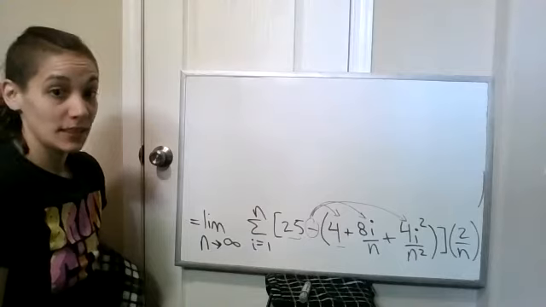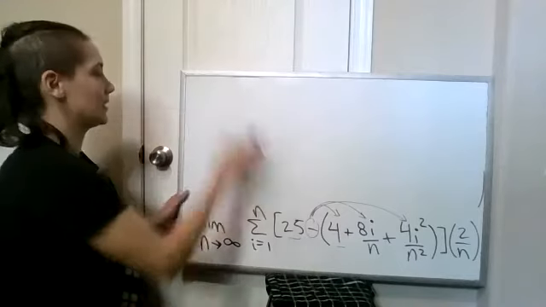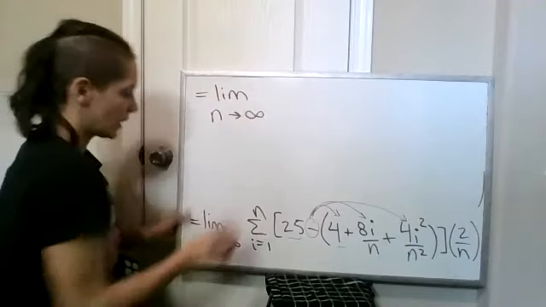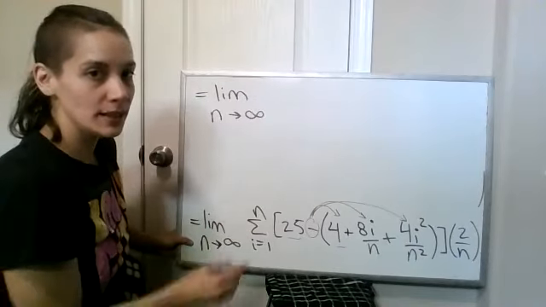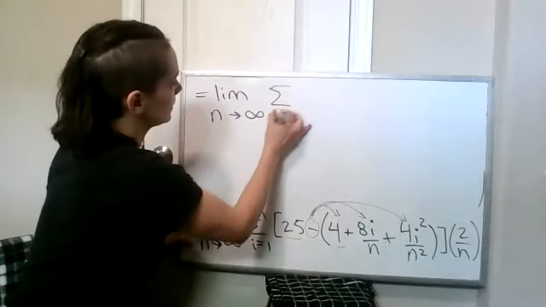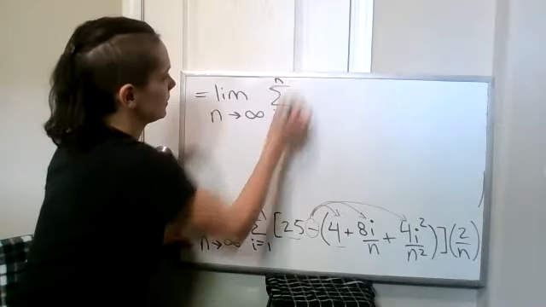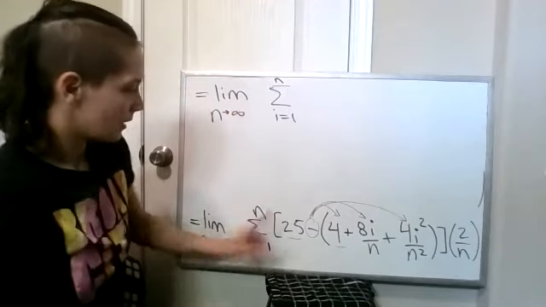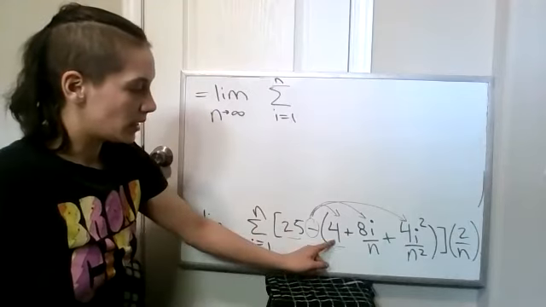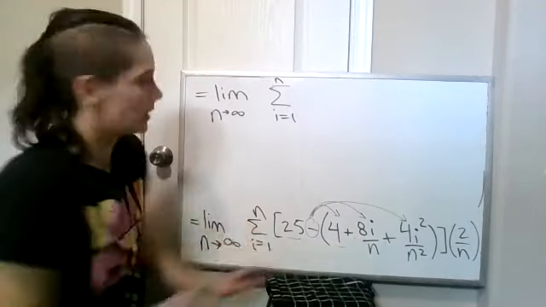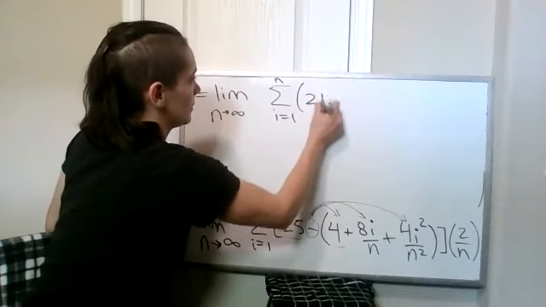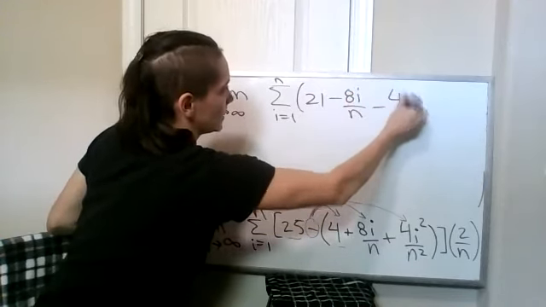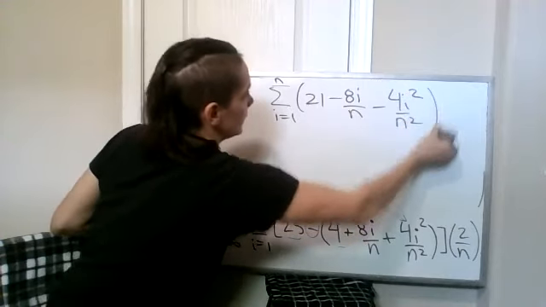All right, the limit as n goes to infinity of the sum from i equals 1 up to n. And it's going to be 21 minus 8i over n, subtract 4i squared divided by n squared, times 2 over n.